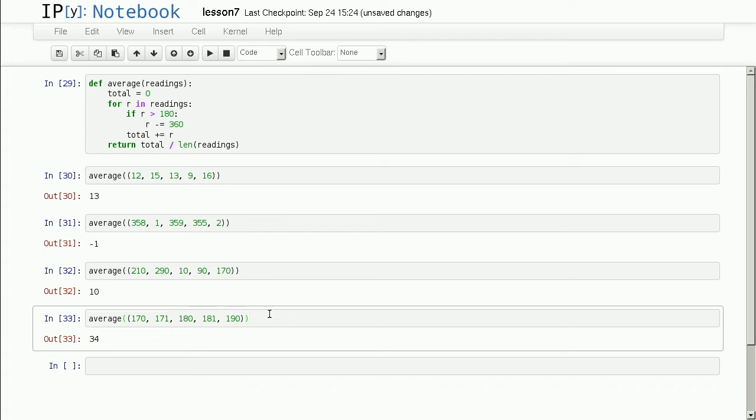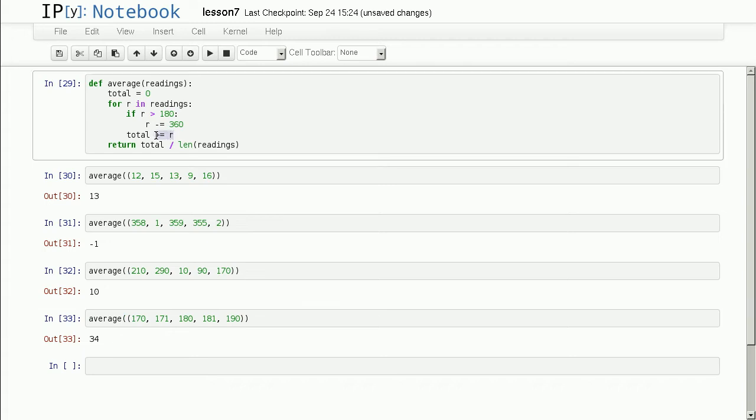And in general, the right way to approach this problem, I think, is to approach it as a vector addition problem. So the error here in our method, I think, is right here. We add up all of these values as if they're one-dimensional, but they are in fact two-dimensional, or vectors.